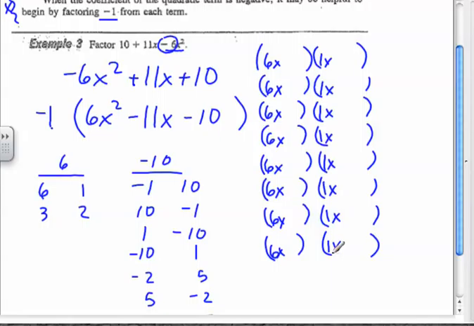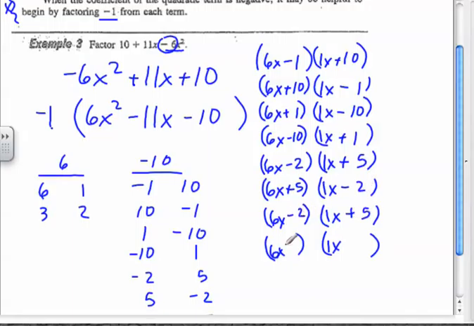And then in the back, I'm going to have -1, 10, and plus 10 and -1. And then I'm going to have +1, -10, and -10 plus 1. I'm going to have -2 plus 5 and plus 5 minus 2.